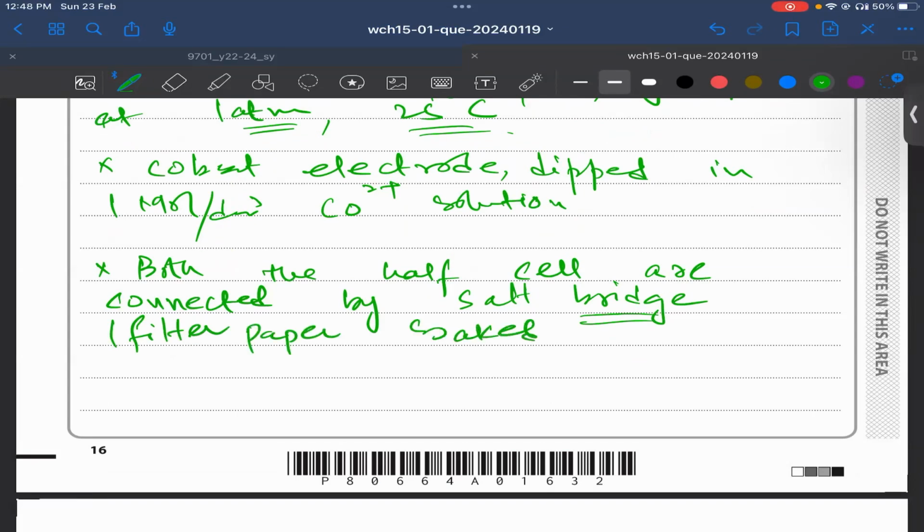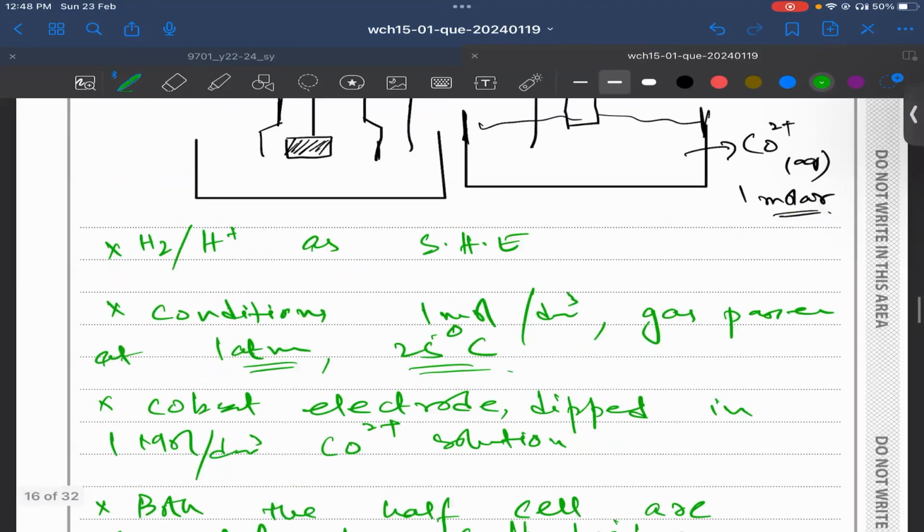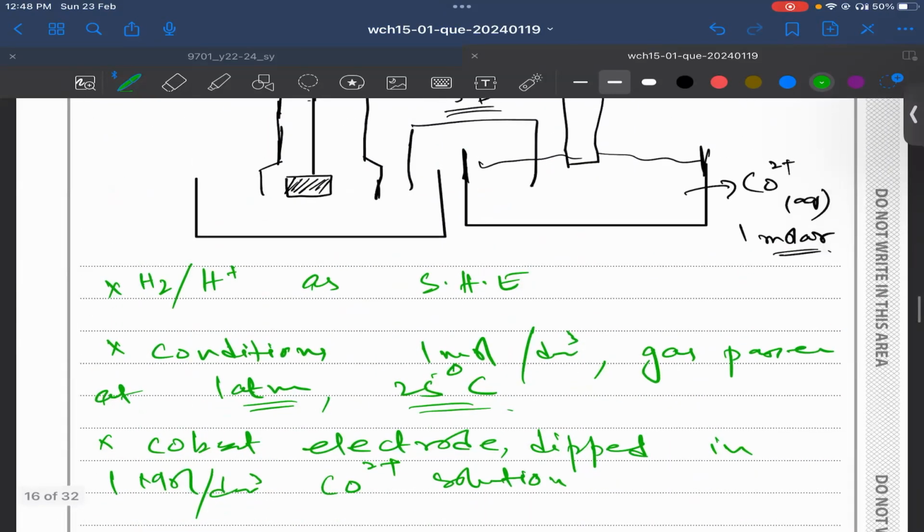We haven't mentioned the platinum electrode in the hydrogen half cell.